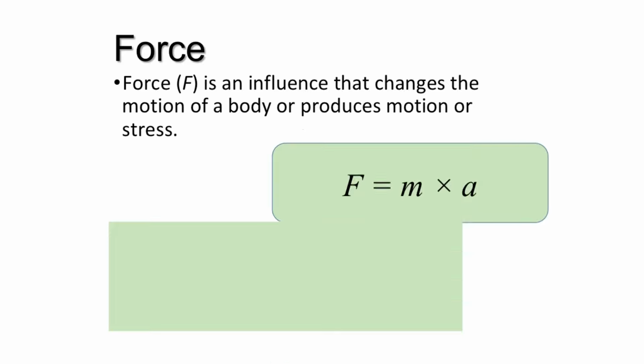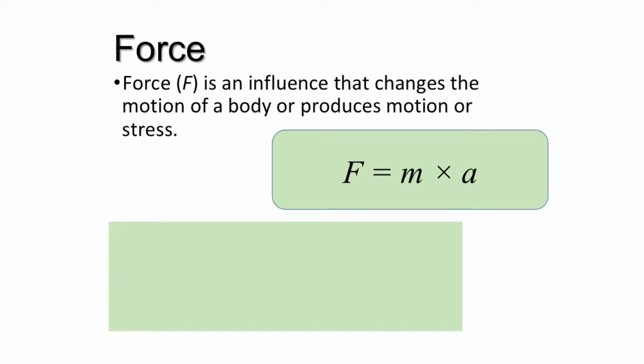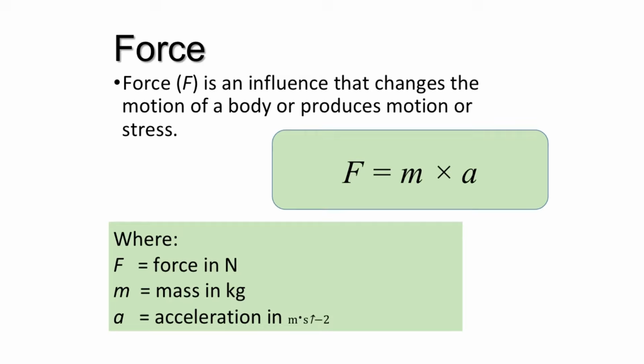It can also be mathematically expressed as F = M × A, where F is the force measured in newtons, M is the mass measured in kg, and A is the acceleration measured in meters per second squared.